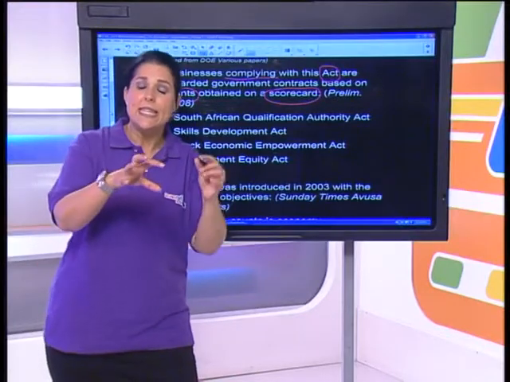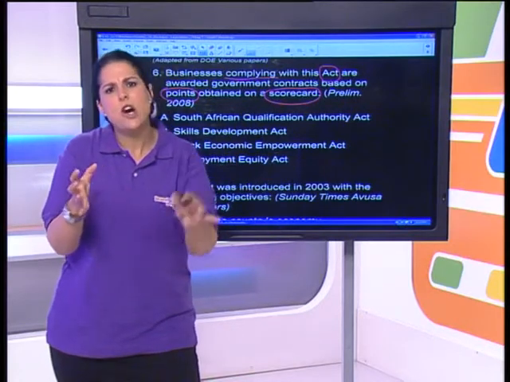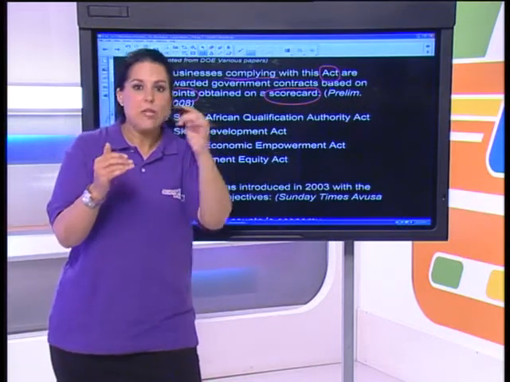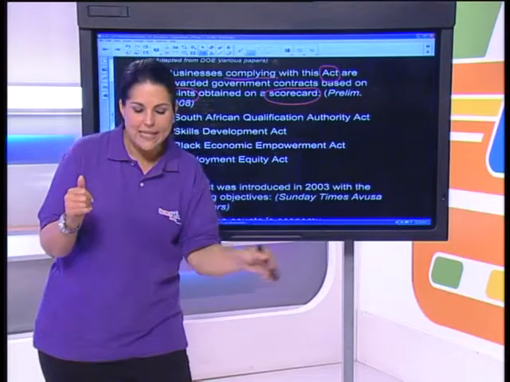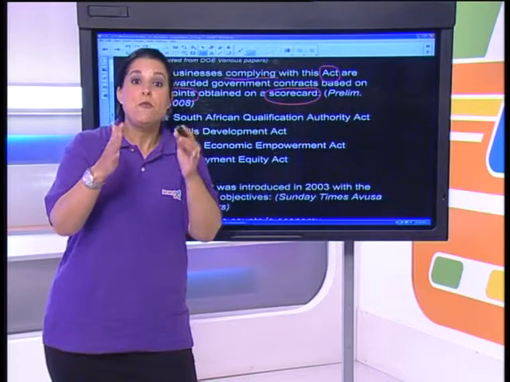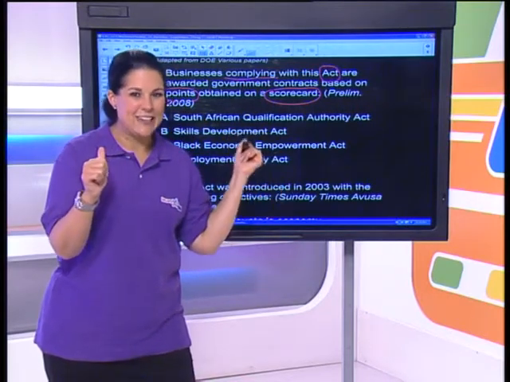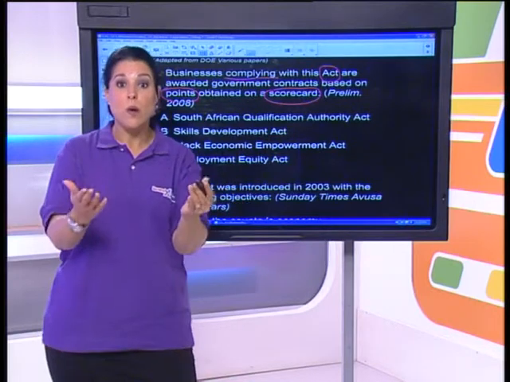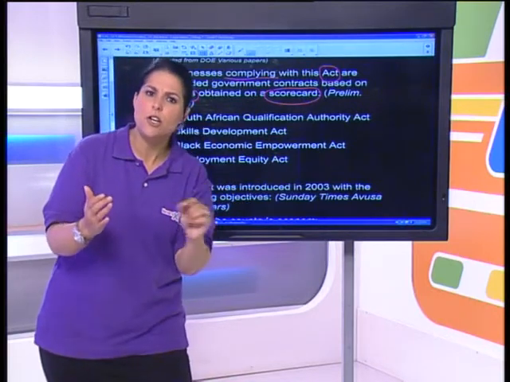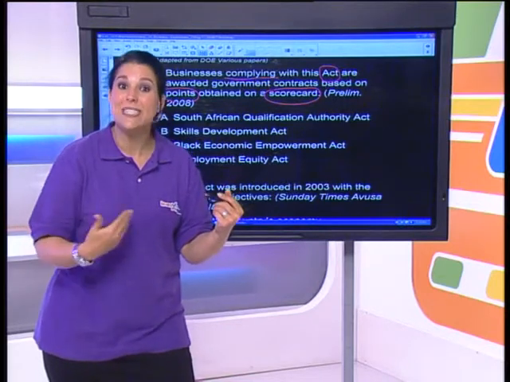We said that you've got something that's called a balanced scorecard. On this card, we need to say how many whites, how many Indians, how many coloreds, how many blacks work in our business. If we adhere to this act, government will say, wow, your points look very good on your scorecard, so we will give you government contracts or tenders.